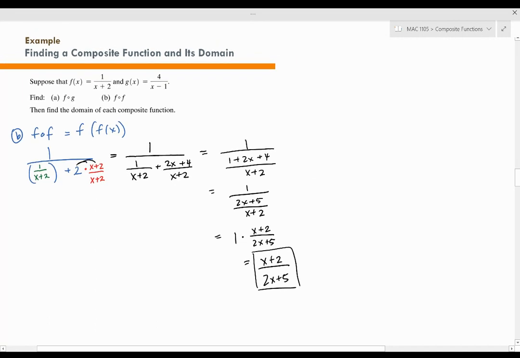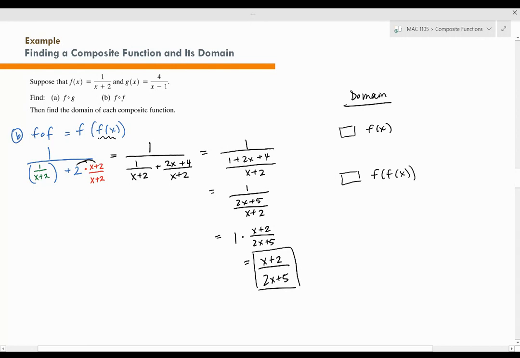Now we've got to find the domain. Remember, if the filter example helps you think about it, feel free to use that. If we're thinking about the filters, the first filter in this function would be the inside function, which is f of x this time. And the second filter is our composite function, which is f composed of f of x.